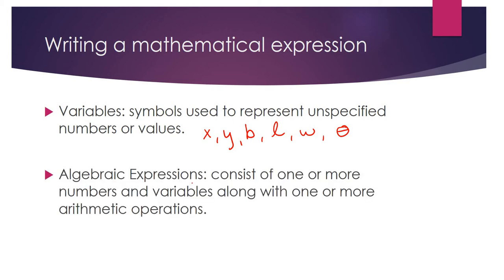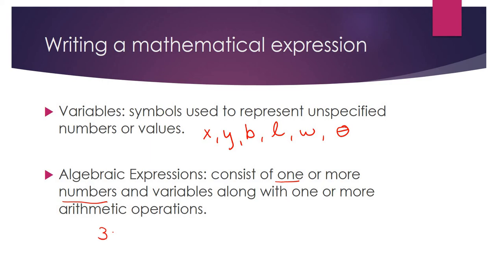Then we have algebraic expressions. Now these consist of one or more numbers and variables, so we can use letters, we can use numbers, and one or more arithmetic operations. So an operation is addition, subtraction, multiplication. So again, an algebraic expression can consist of just one number.